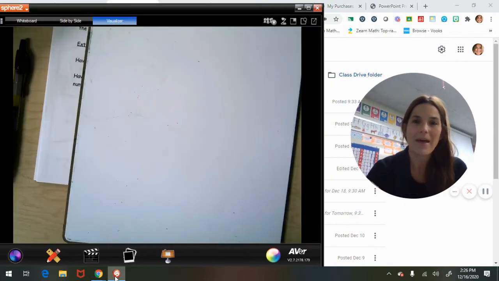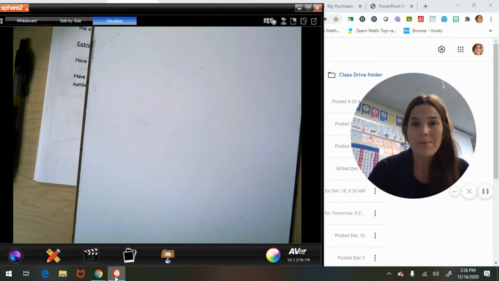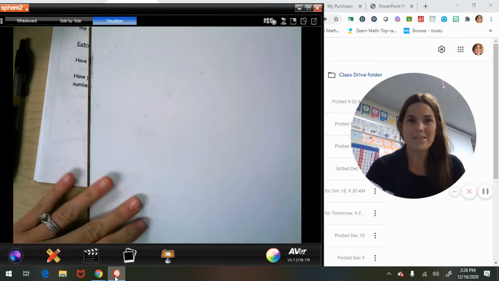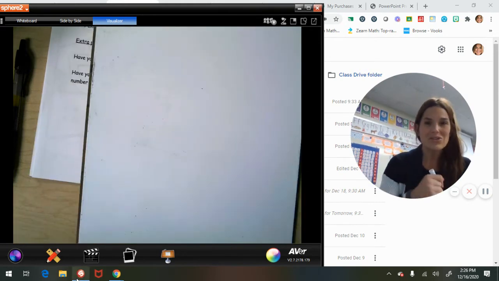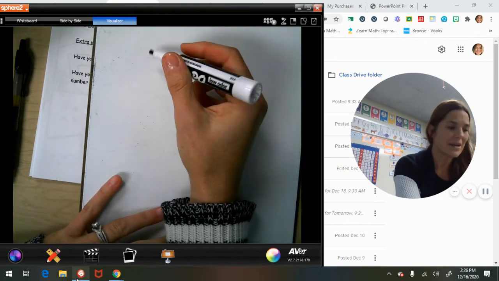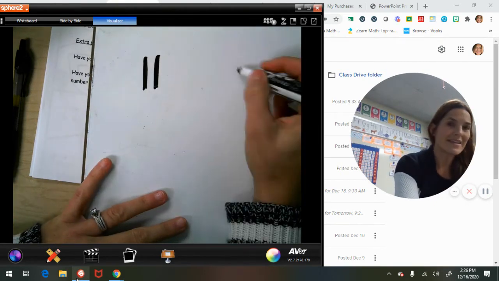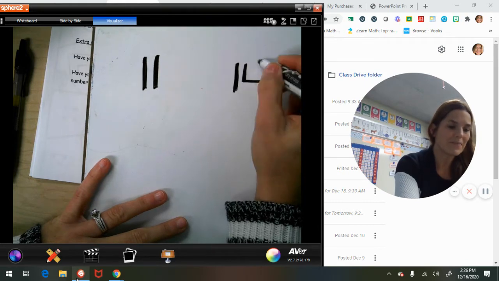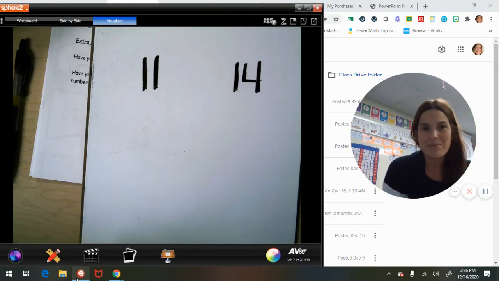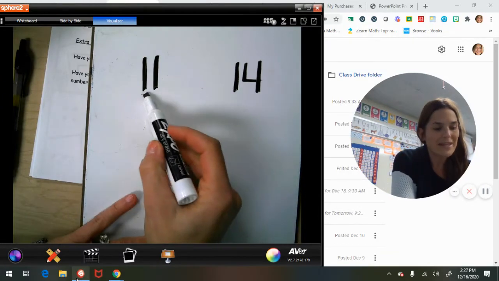All right, so when we're comparing two different numbers and they're bigger numbers, let's say we're comparing the number 11 and the number 14. As you can see, both of these numbers have a 1 at the beginning.